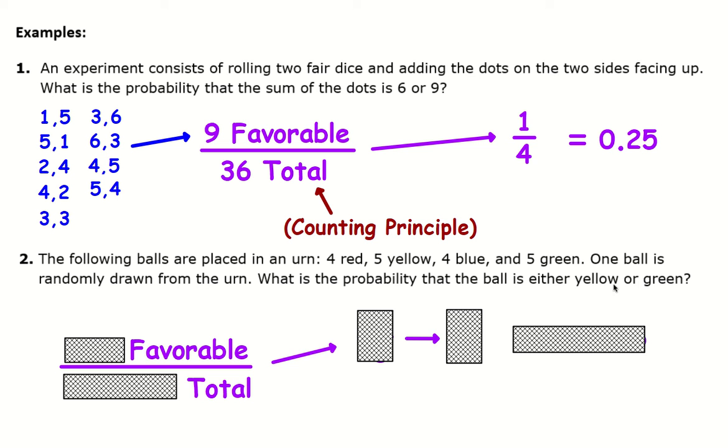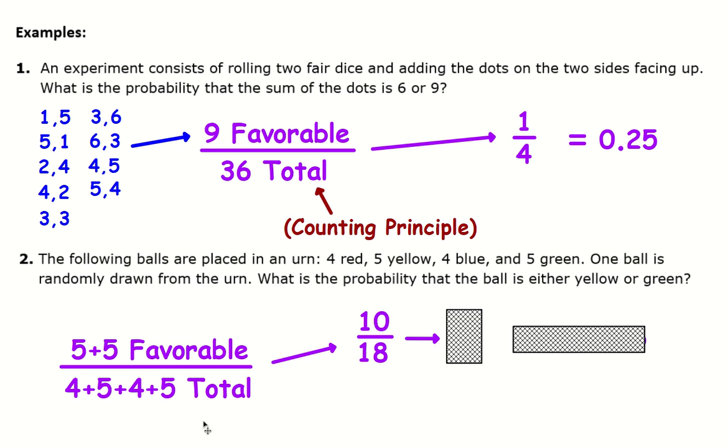So in this situation, where they use the word or, and it's really just like one pick, you can add these yellows and greens together to become 10 total ways to win. The 5 yellows and the 5 greens, that means there's 10 colored balls that are either yellow or green. But there are 18 total, so it's like 10 out of 18, which reduces and becomes a decimal and maybe even a percent.